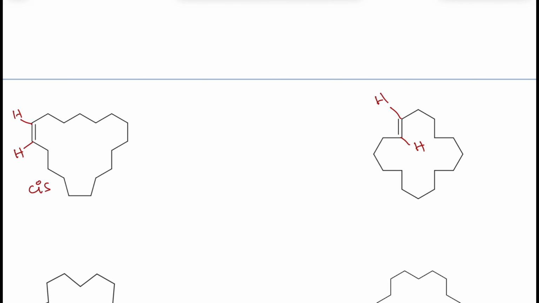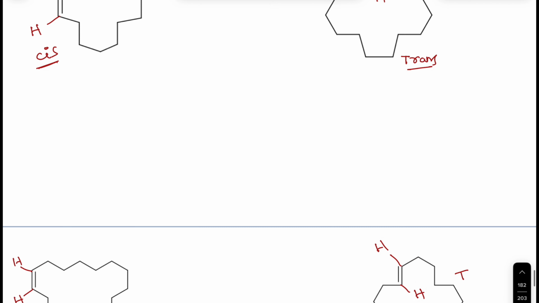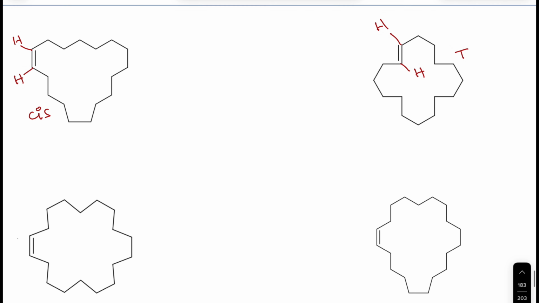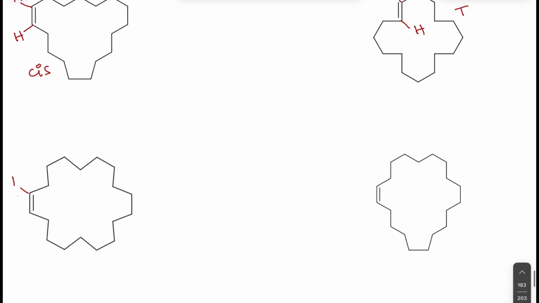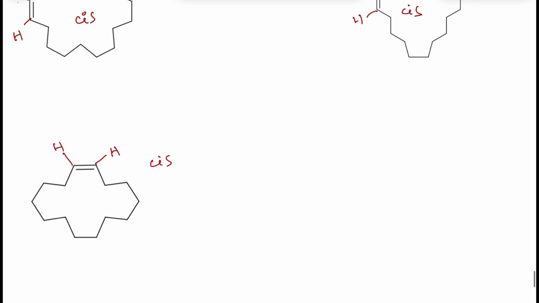Hydrogen, hydrogen, hydrogens are on opposite sides, therefore it is a trans configuration. In the next example, hydrogens are on the same side, therefore it has cis configuration. Even here hydrogens are on the same side, this is also cis configuration. One more example, hydrogens are on the same side, this is also cis configuration.